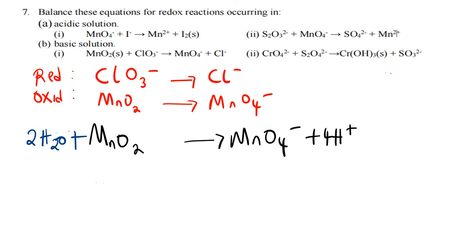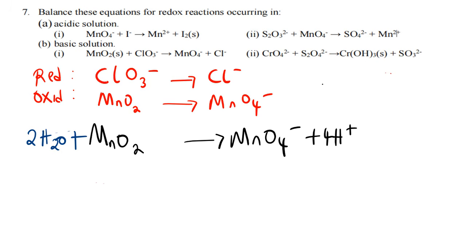What about the electrons? In terms of the electrons, what is the charge that I have? This side I don't have any charge, but on the other side, I've got 4H plus and 1 minus. So when I add the 4H plus, or the 4 protons and 1 electron, I'm just going to remain with 3H plus.